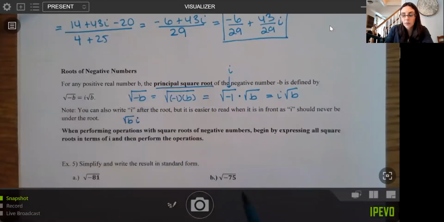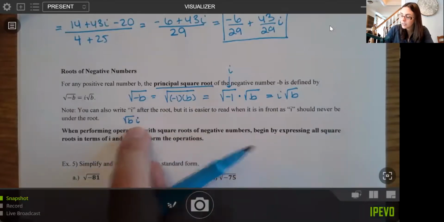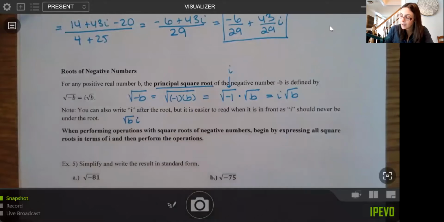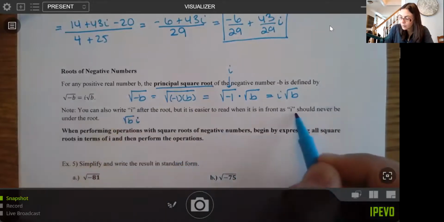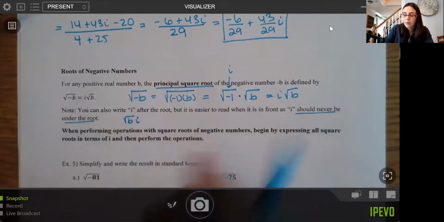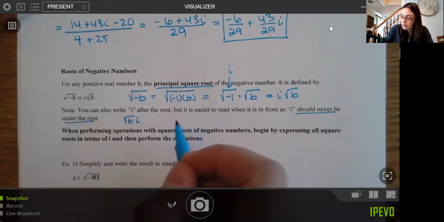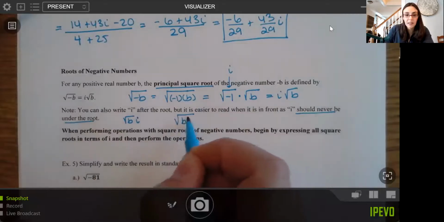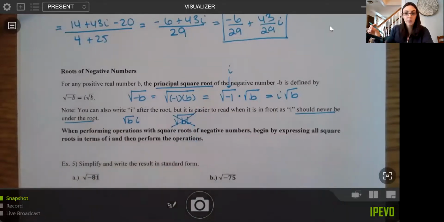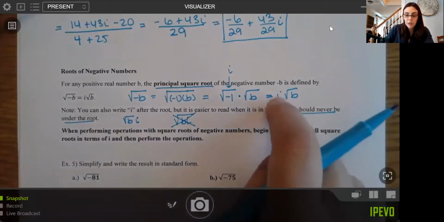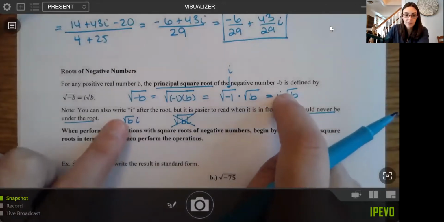But it's often hard to read, so we tend to put the i out front. And the i should never be under the root. That's another reason why we don't write it this way, because a lot of times people will be careless and do something like this, which is wrong. So that i is outside the root, which is why we tend to write it first, although both of these are still correct.